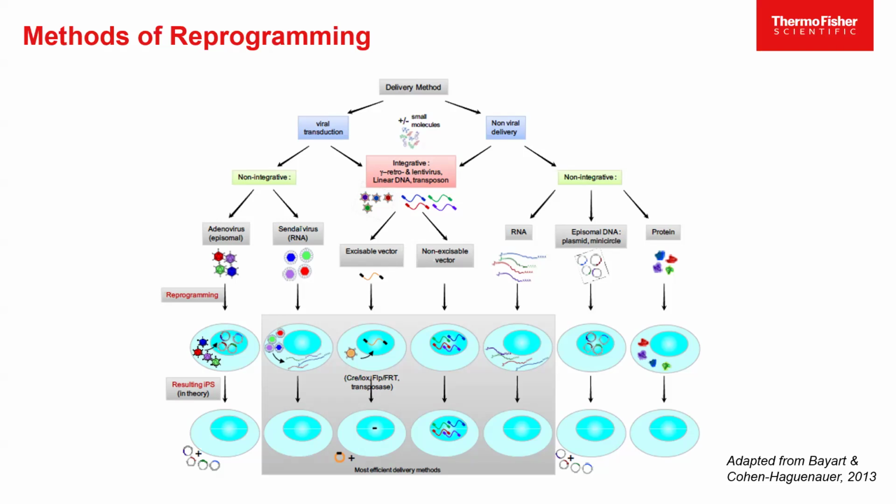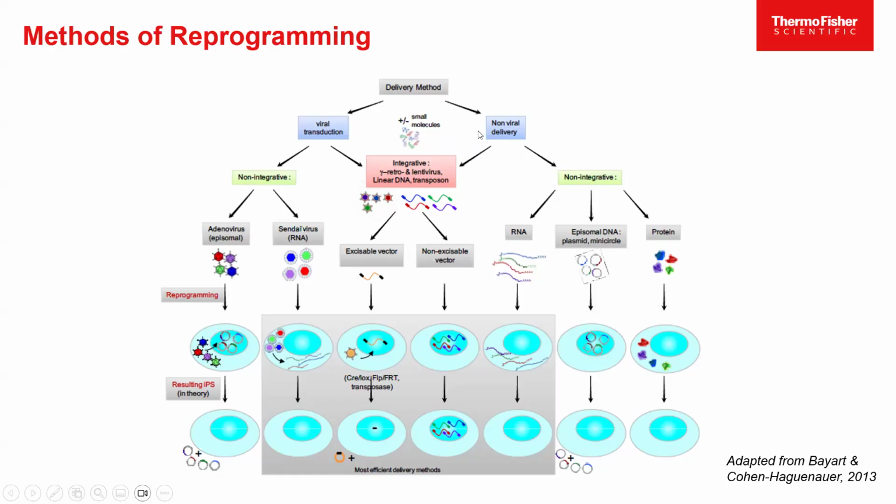Before we get into the technologies themselves, I know that this is an eye chart of what you're looking at, but it's almost intended to be. These are the different delivery methods in which we can force cell types to express certain transgenes or proteins. At the very top, the first distinction in the delivery method is whether it's viral or not.